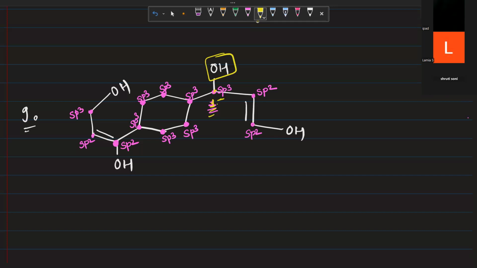So is the first one allylic or vinylic? Tell me. The first one, the one you circled, or the one in yellow? Yeah. I think that one is allylic. Yeah, so this is an allylic alcohol.